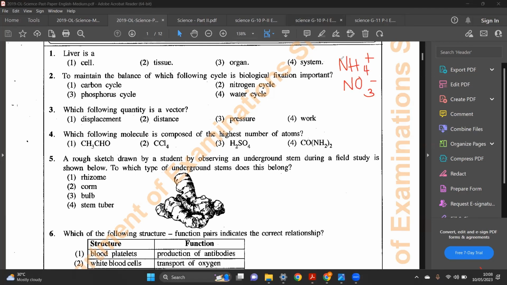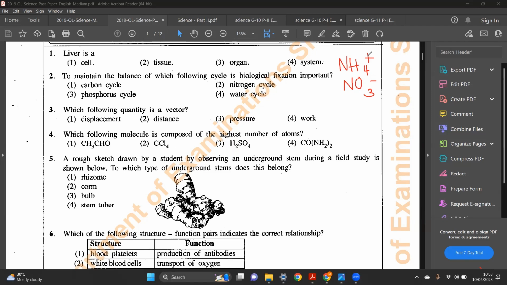These ions need to be formed in the soil due to the activity of different microorganisms. That entire process we call nitrogen fixation, where these microorganisms work together to fix the nitrogen, or hold it in place in the soil, so that the plants can absorb it, because nitrogen is a very, very important mineral for the plants.